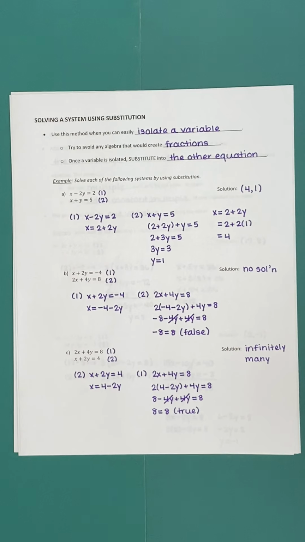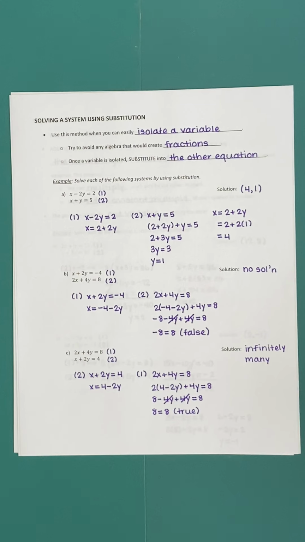So we want to avoid trying to isolate anything that would require us to divide out a number and then potentially create fractions. If we can find a variable where that's not going to be required, all we need is one equation with one variable that has a coefficient of 1, and that will be the variable that we want to isolate.